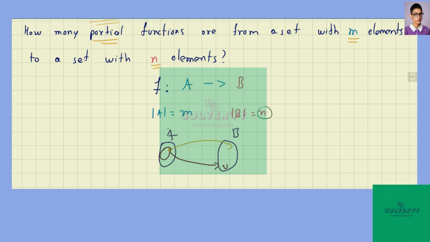So when you have a partial function, you're technically taking a subset from A and you're mapping to B. If you pick an element outside of that subset of A, then you're mapping those elements to an undefined term in B.